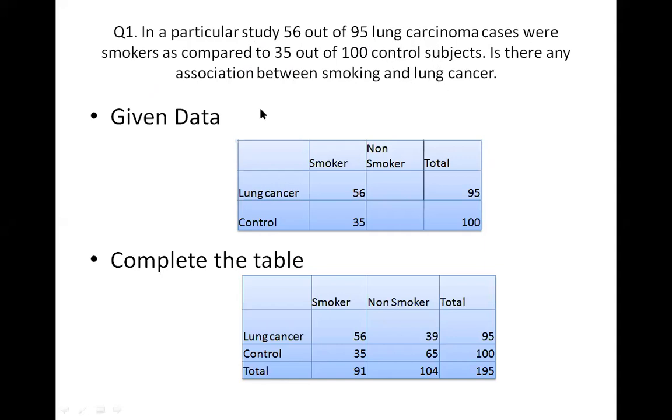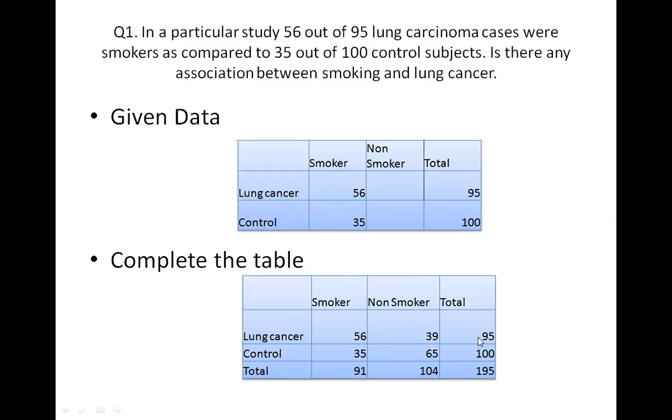So the given data is that 56 out of 95 lung cancer patients are smokers. This is how we will write the given data. And for control, 35 out of 100 control subjects were smokers. The next step is to complete the table, and the complete table is like this.